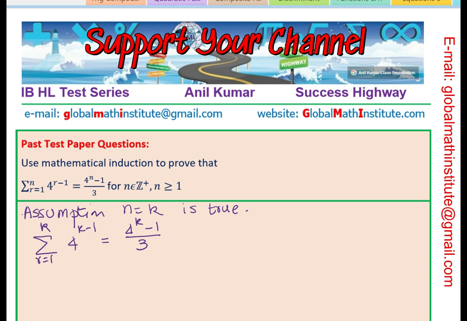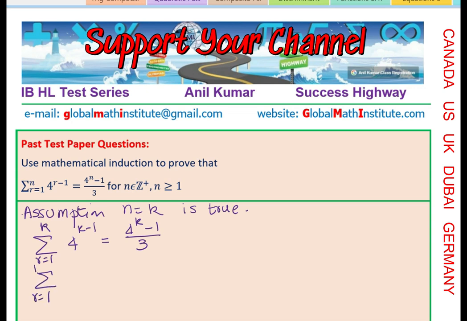Now, what happens when I do k plus 1? If I do k plus 1, I get this term as the sum of r equals 1 to k+1, 4^(r−1). Now, what is this equal to?